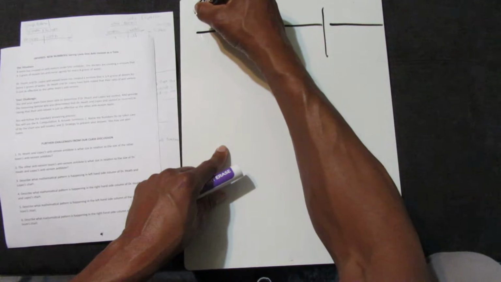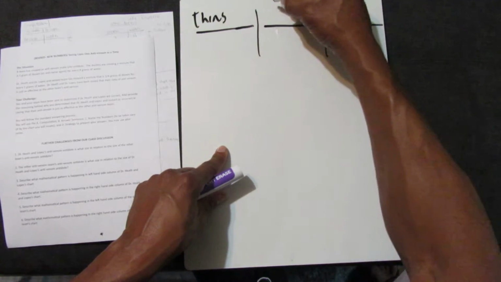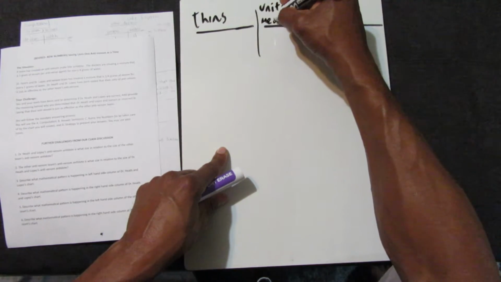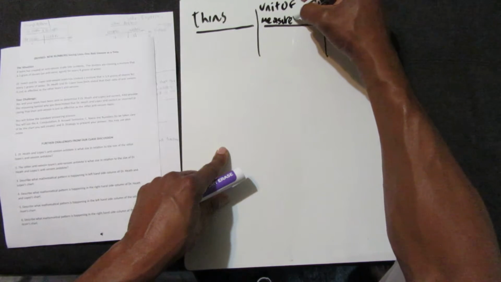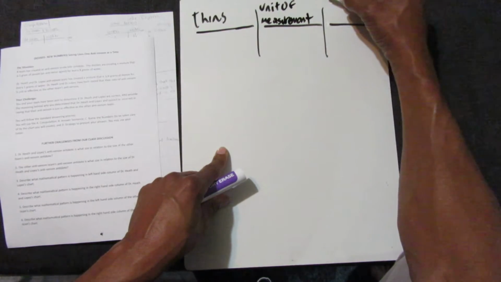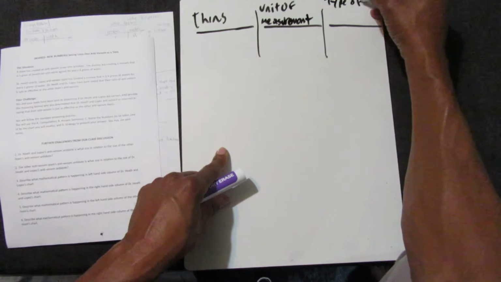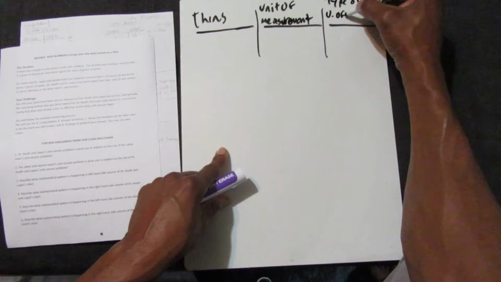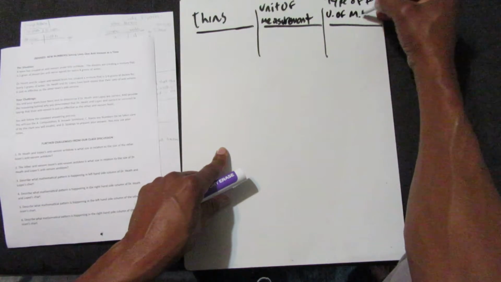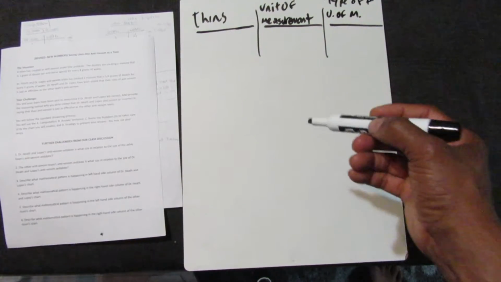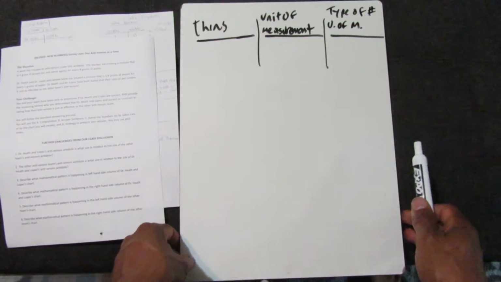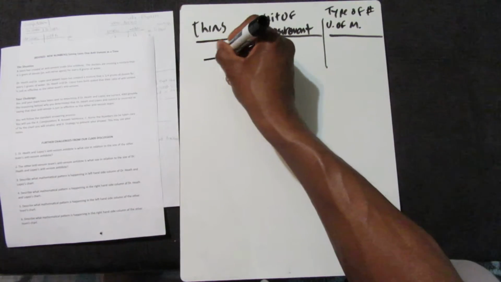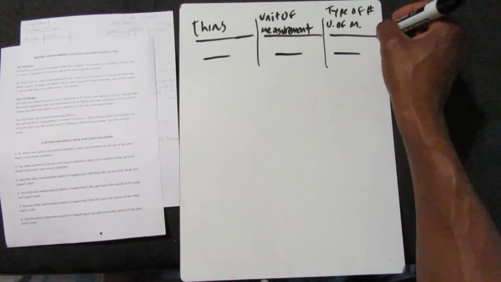All right, so thing, and we have unit of measurement, and then over here type of number, I'm going to use a symbol for number, and unit of measurement. I'm running out of space, so I'm going to do it that way. So let's take a look at that real quick. So I have things, unit of measurement, type of measurement, and I'll put my line here.